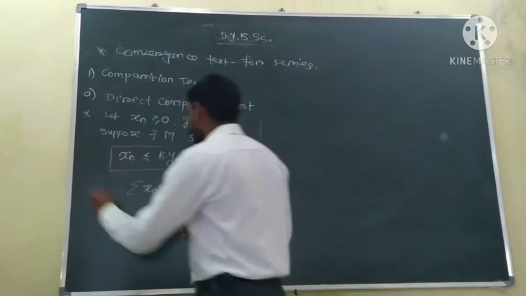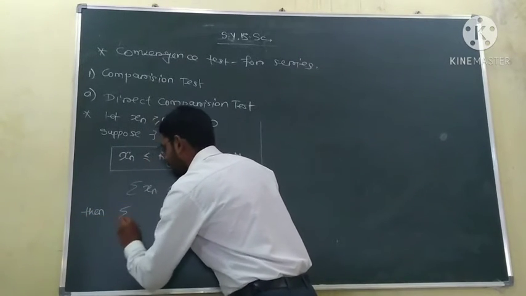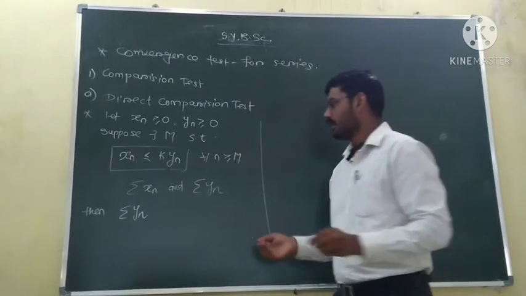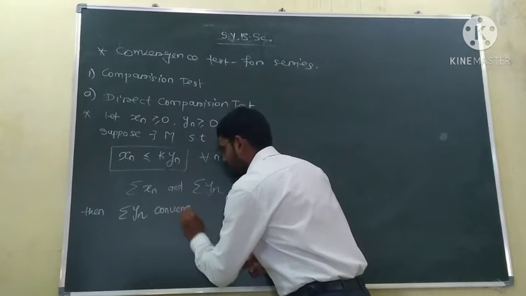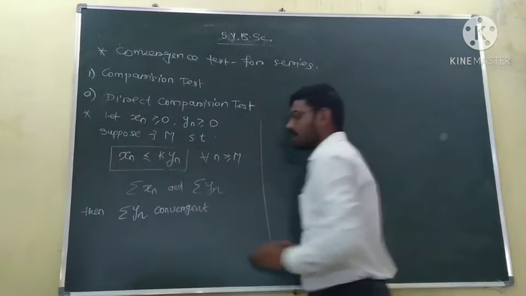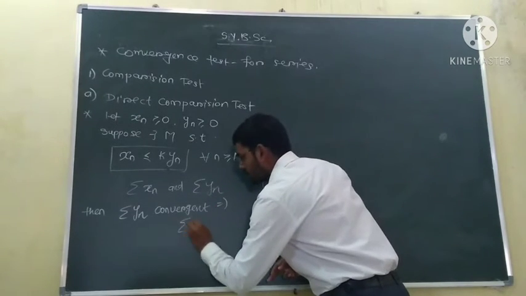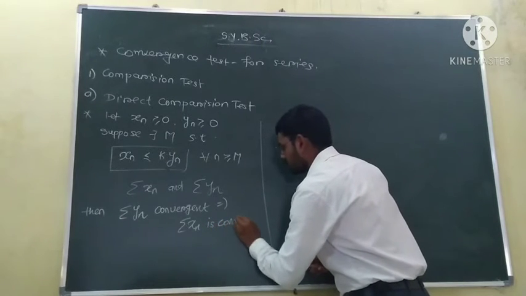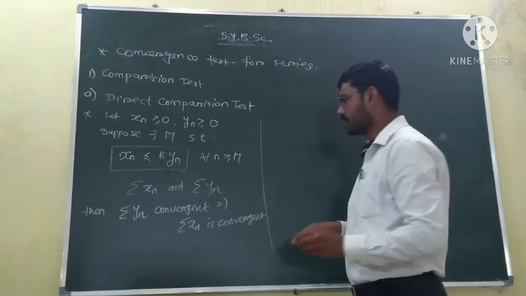So we write down: this implies that if the series yn, the bigger series, is convergent, then the series xn is convergent. This is the first statement.